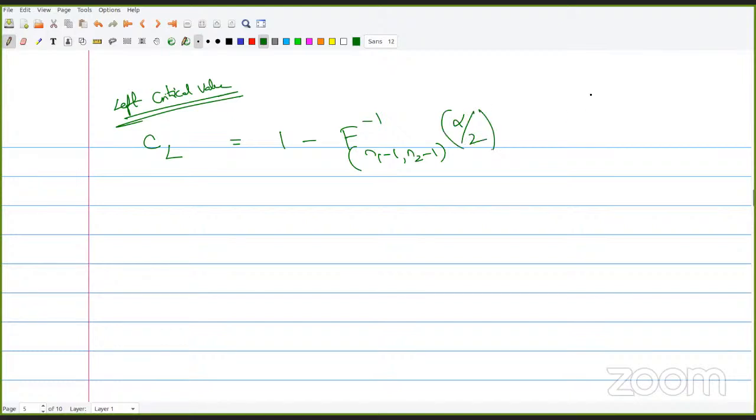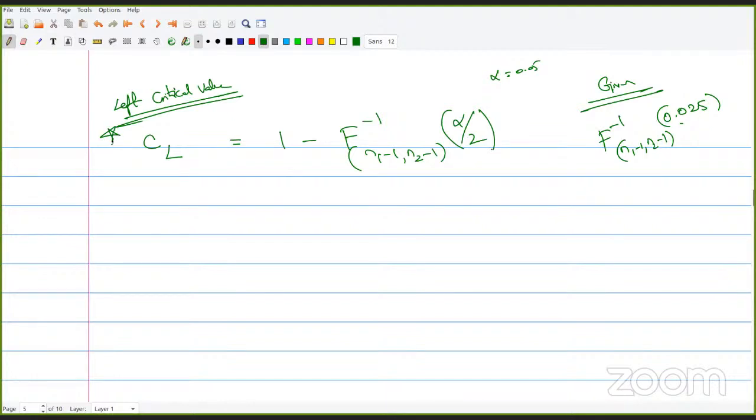So in the given, let's say alpha is something like 0.05, so alpha by 2 will be 0.025. If F inverse of this 0.025 is given, then you should compute the left critical value.